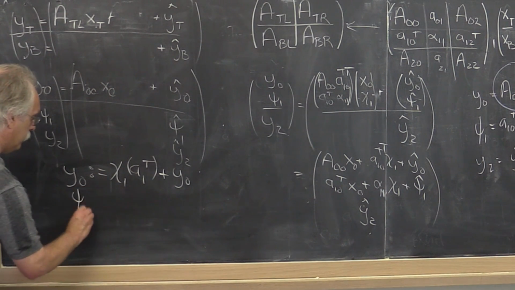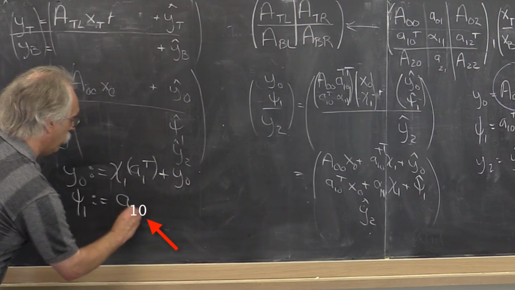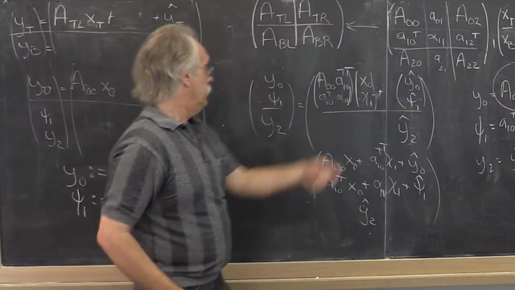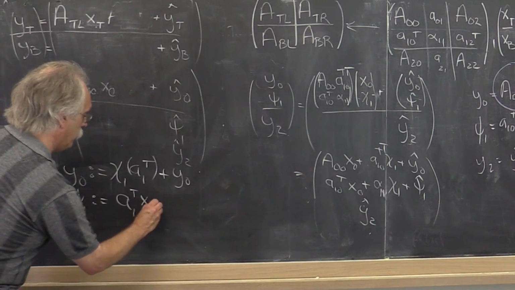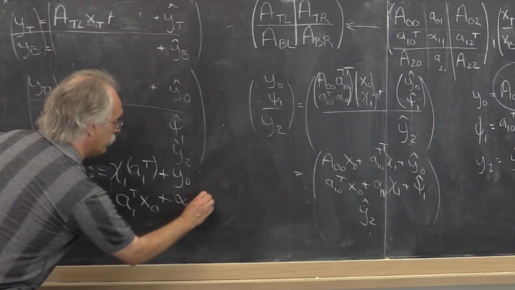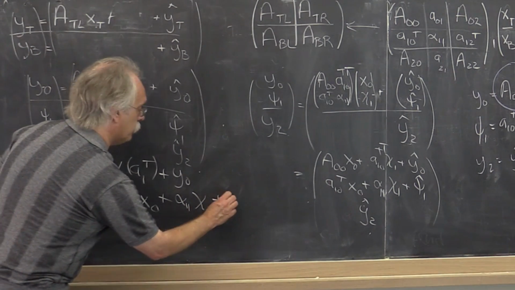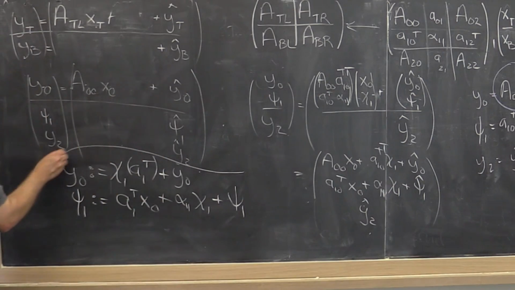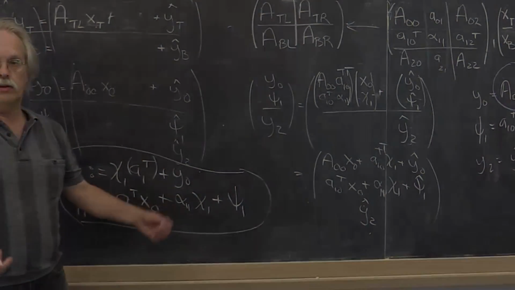And psi1 has to be updated with the dot product of a1 transpose, this row vector, with x0, to which we add the product of alpha 1 times chi1, and we must add that to what's already in psi1, and this then becomes the actual computation in the body of the loop.